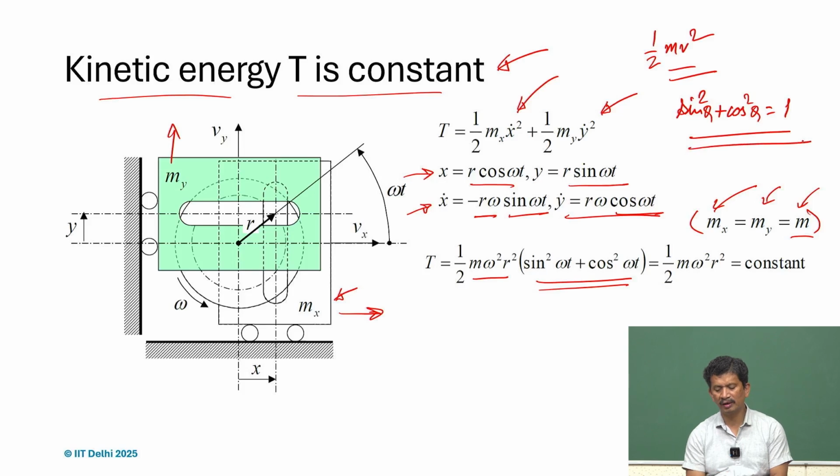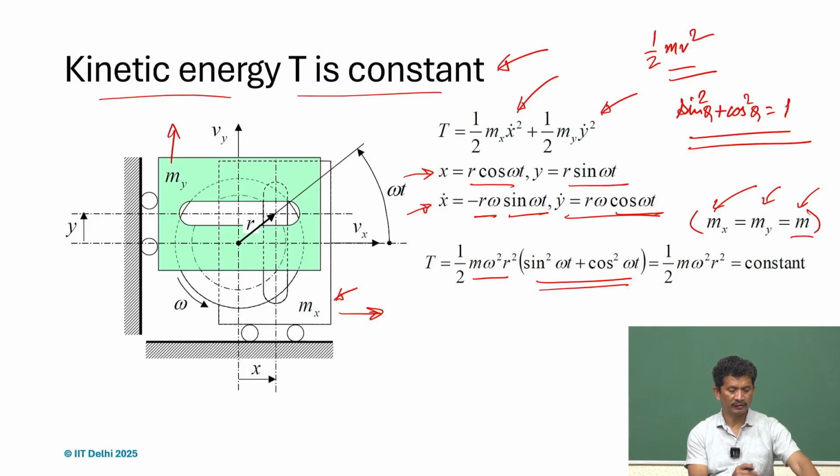So in many of the mechanisms, if we are able to get this kind of a formulation, what we realize is that in many cases we get a mechanism which is independent of theta, and then we can get a constant energy mechanism.